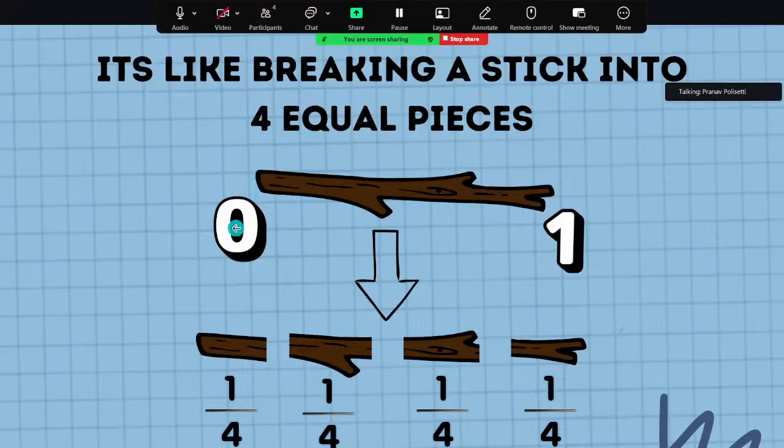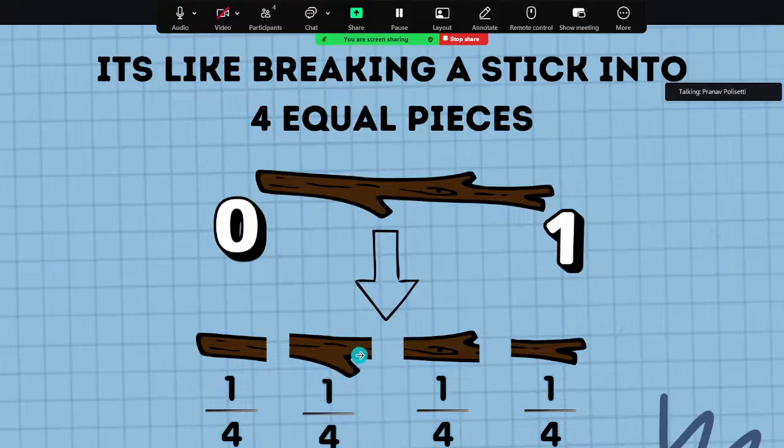So when we're at the beginning of that stick, we have 0 of it, and at the end, we have one whole stick. So when we break off one part of it, we call that one part 1 divided by 4, okay? Because we have 4 total pieces, and we have one of those 4 pieces.